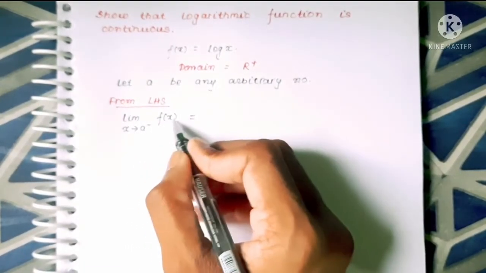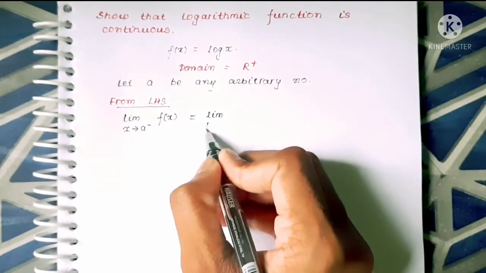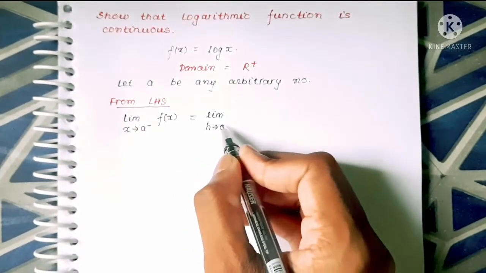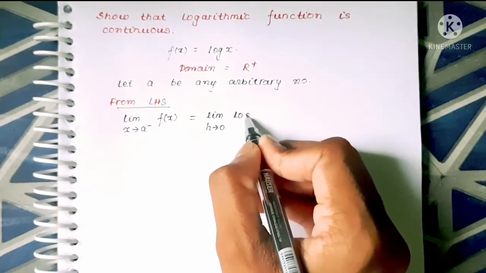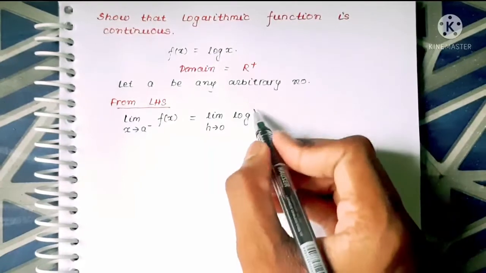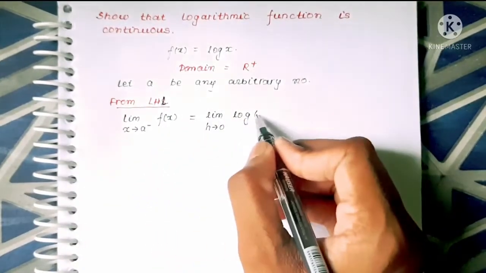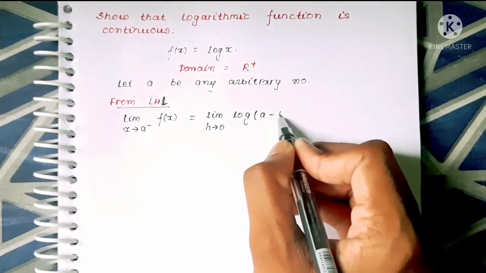And when it is so, we will write here limit h tends to 0, our function becomes log, and in place of x we will write a, and since it is a left hand limit, we will write a minus h.